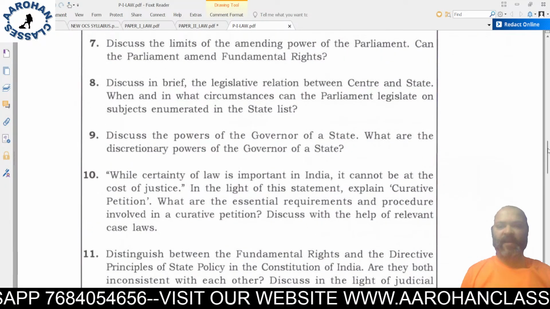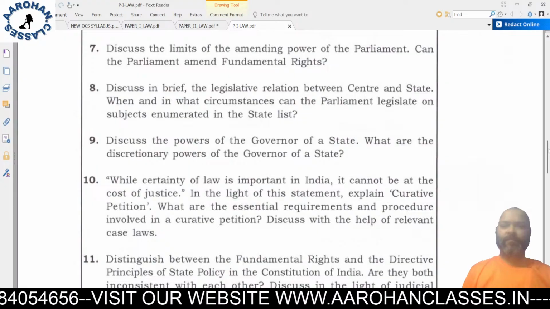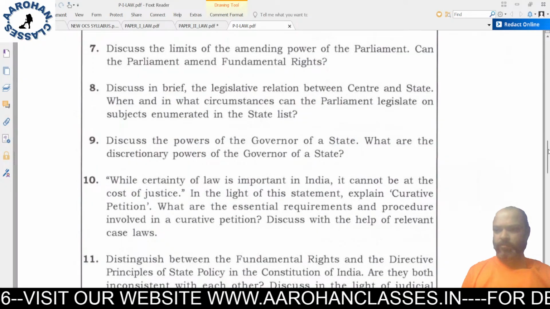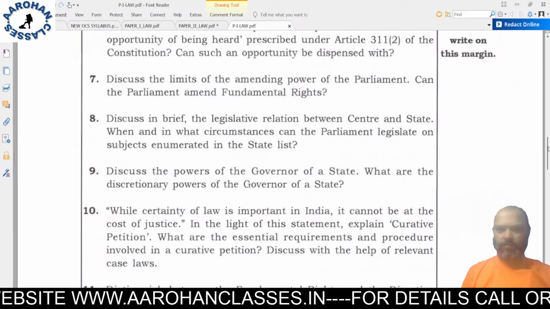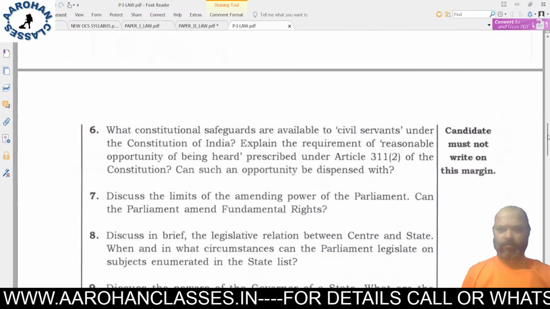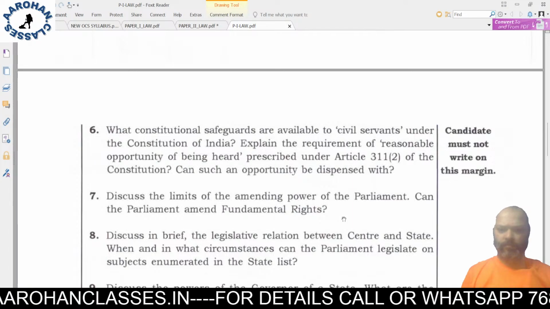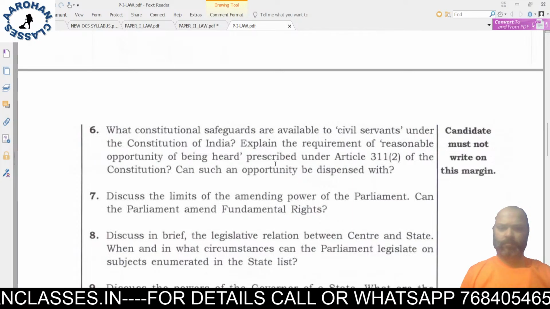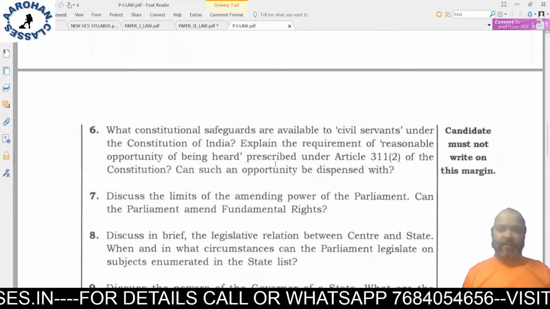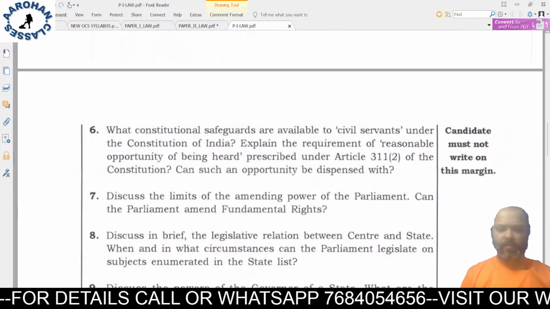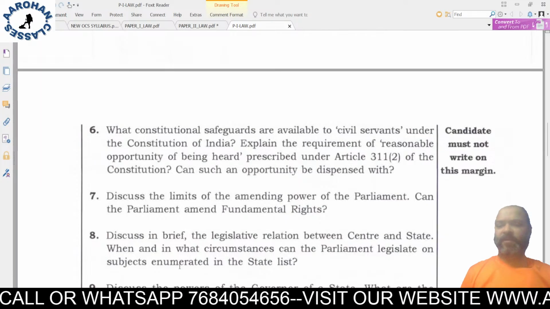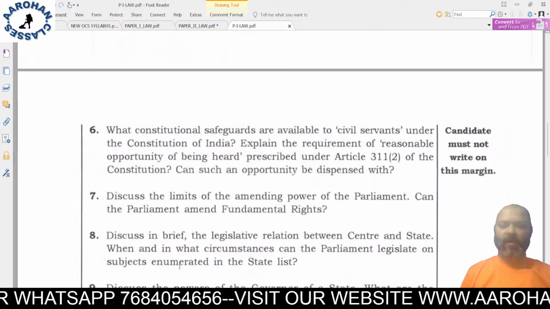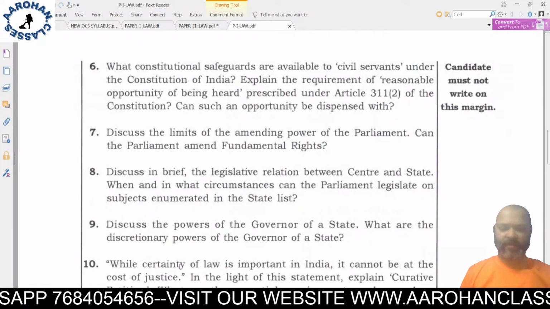Discuss in brief the legislative relation between the center and state, and when and in what circumstances can Parliament legislate on subjects enumerated in the state list.